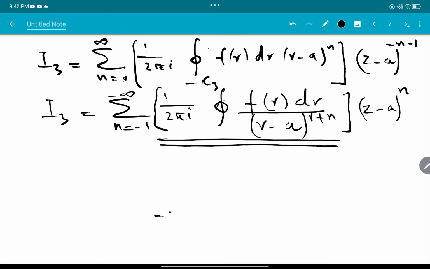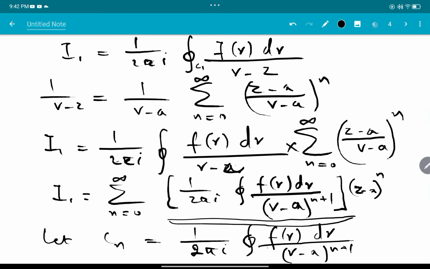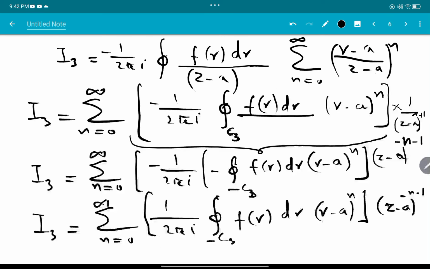Which one? Let us see what the difference was. None at all. You can go back to that Cn somewhere: Cn is 1 by 2 pi i, the integral of f(gamma) d gamma over (gamma minus a) raised to n plus 1. You have here n plus 1. Now back to this integral, we have now minus c3.